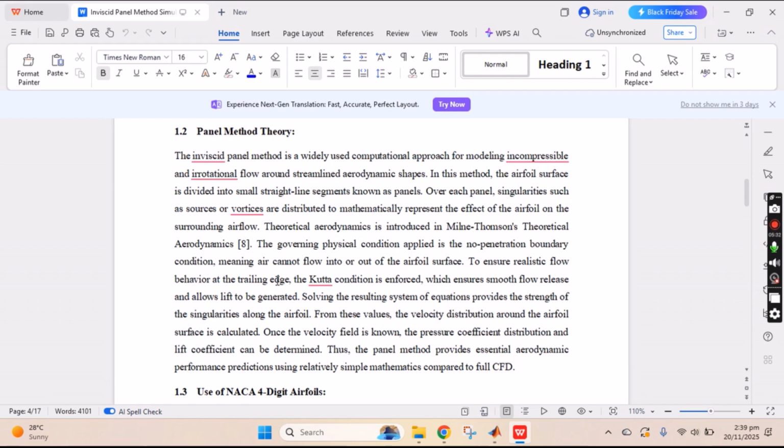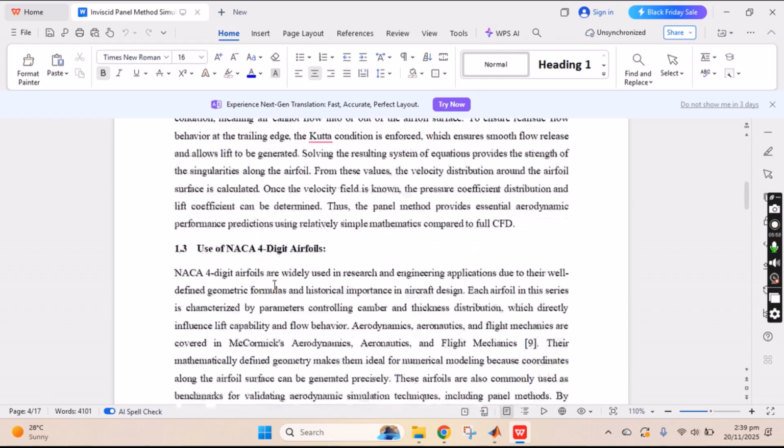And in airflow we also need theoretical aerodynamics, so I introduced Milne-Thomson's theoretical aerodynamics method, and the governing physical conditions need to apply the no-penetration boundary condition, meaning air cannot flow into or out of the airfoil surface.